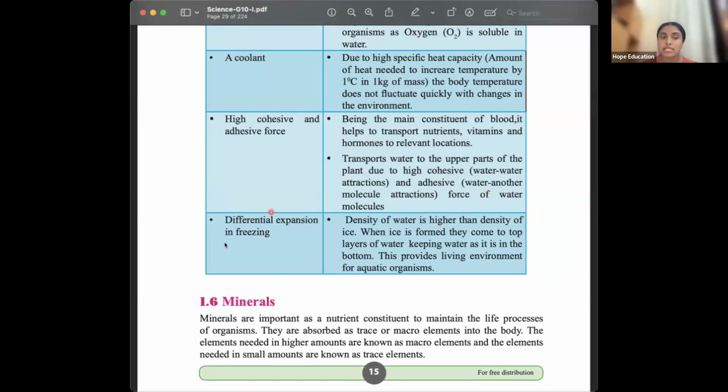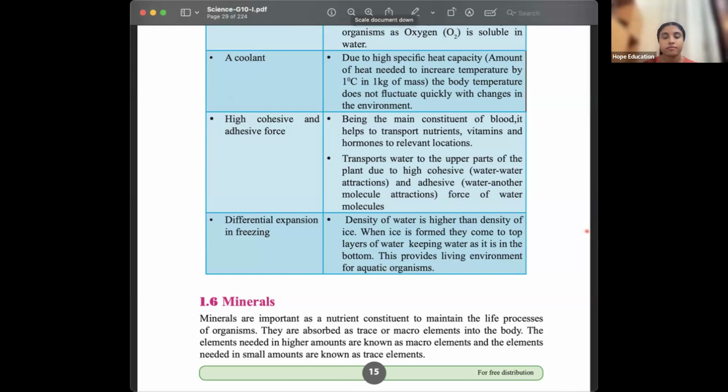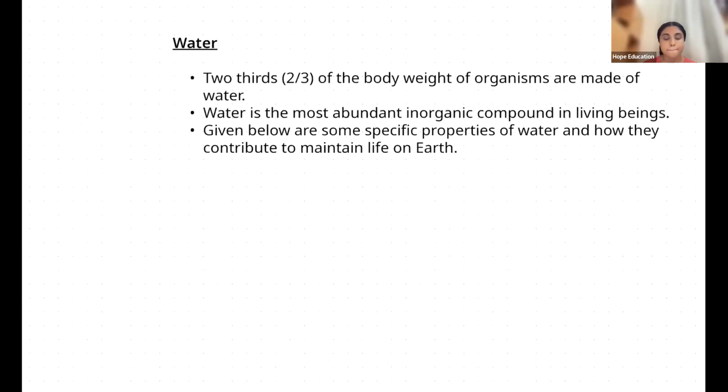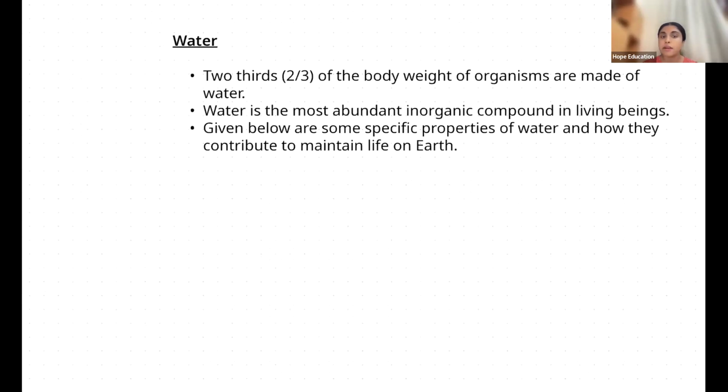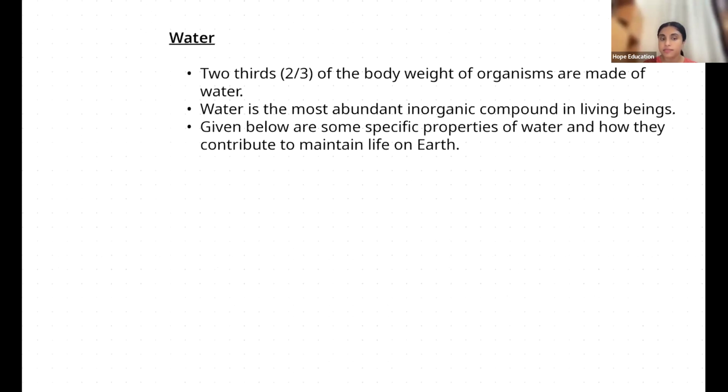Allow me to explain this last point. I will get my whiteboard again. A last point එකට විතරක් මම ආයෙමත් whiteboard එකට යනවා. Give me a second. Can everybody see the whiteboard?